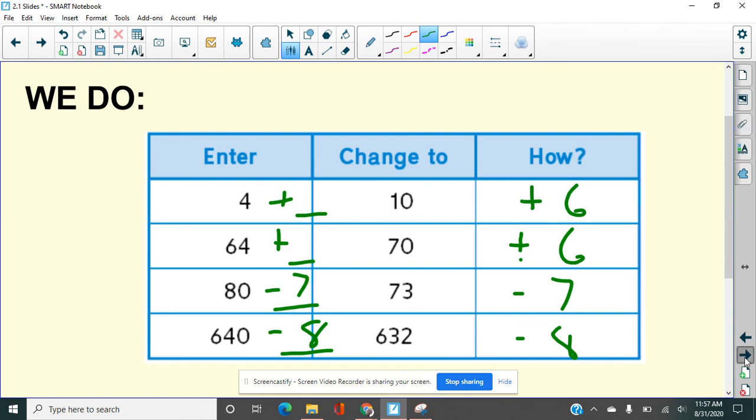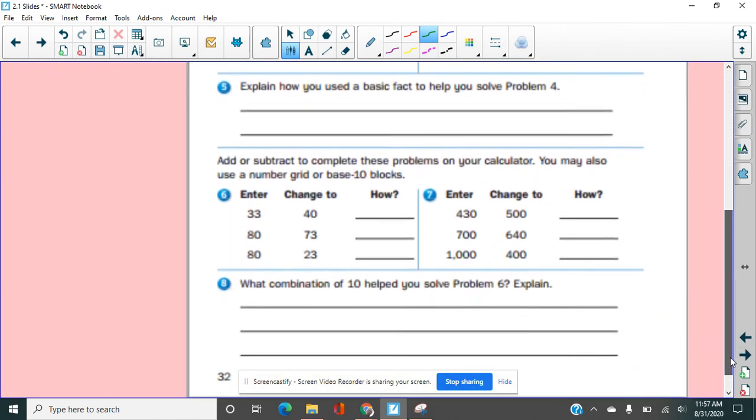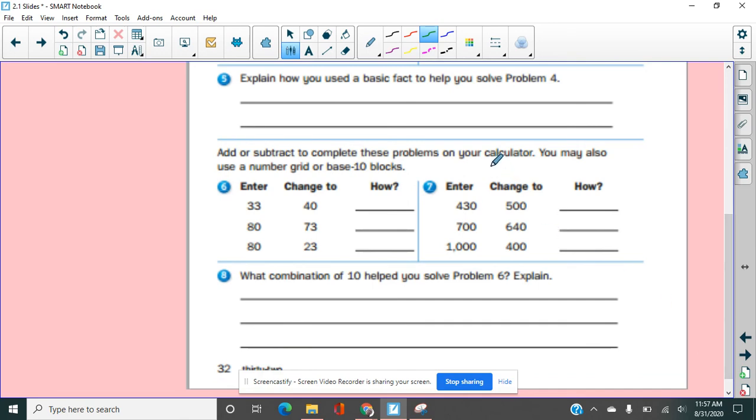All right, now as you work in your math journal, now we're down here. It does say that you can use a calculator to help you. So you can use that. That's nice. You could use a number grid or base 10 blocks. You're trying to think, okay, if I start at 33, how would I get up to 40? What would I add or subtract?